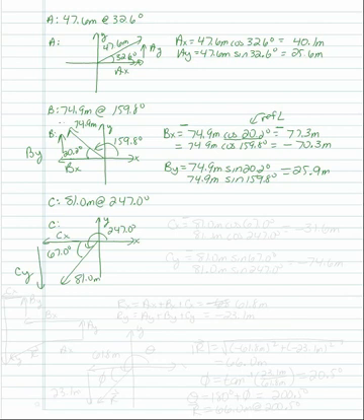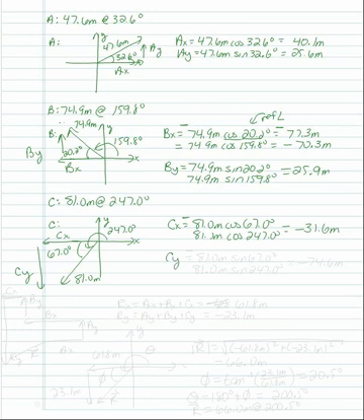So both of them will be negative, and you can get them this way. Cx is either 81 meters cos 67 with a negative in front of it, or 81 meters cos 247. Either way, negative 31.6 meters.